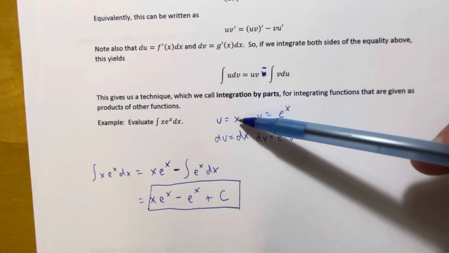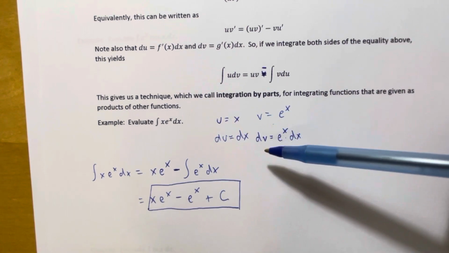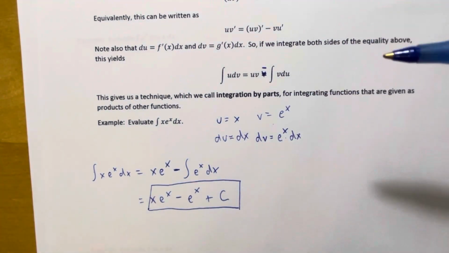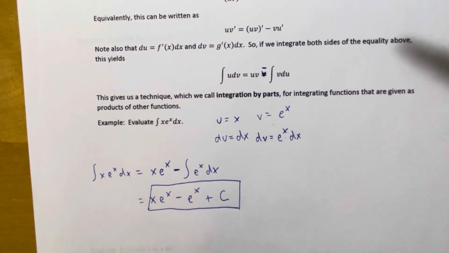Well, it's the fact that I chose a polynomial, really a monomial more specifically, as my U term, because polynomials have a really nice property when it comes to derivatives. The powers on them get smaller as you take derivatives of them. That's the power rule.